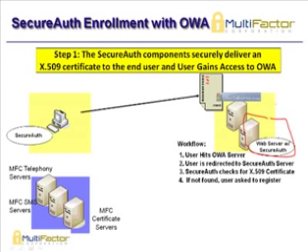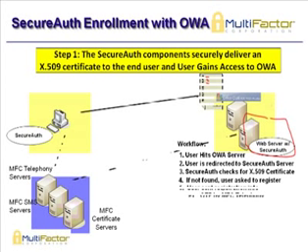As discussed, it can be an SMS text to his cell phone. It could be a phone call delivering a one-time password to any phone, LAN or cell. It can be an email, or it could be a static PIN that is inputted via a keylogger-proof JavaScript keypad. In the demo I'll show you, the user selects telephony.